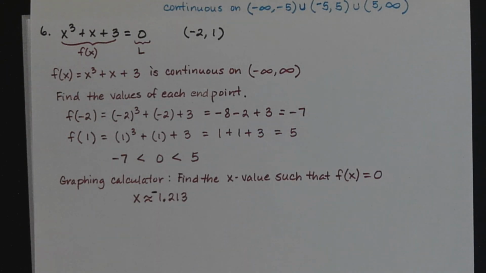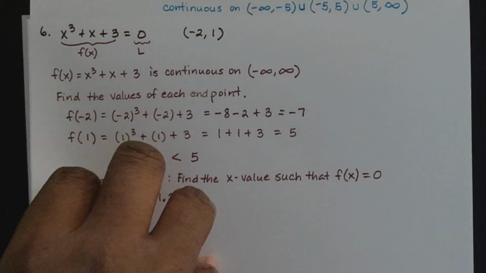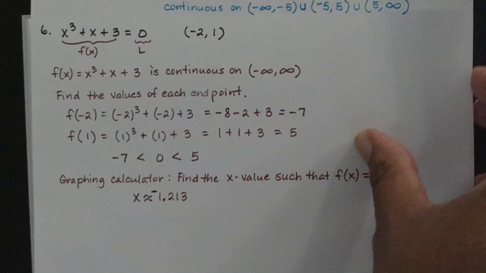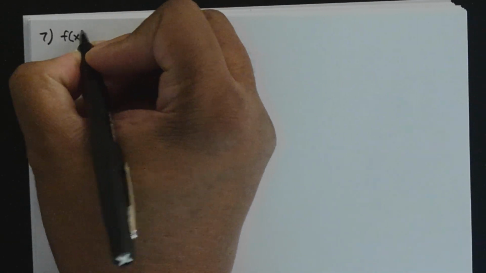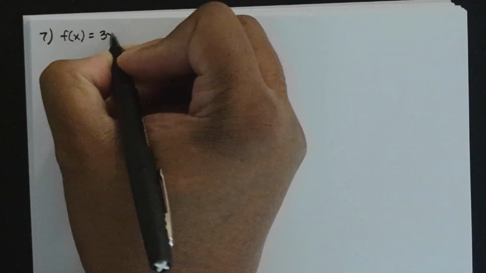Okay, now number 7. This is in section 3.1, where you had to use the definition of a derivative to find f prime of x of the function. And I would expect for you to use that definition. f of x is equal to 3x squared plus 3x.